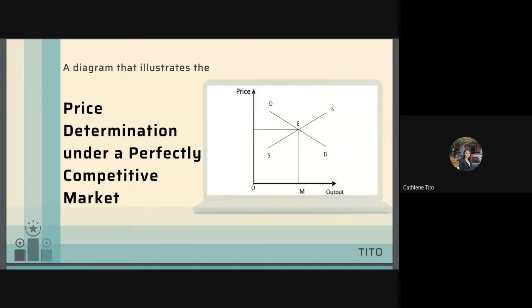It concludes, rather, that in a competitive market, the unit price for a particular good will vary until it settles at a point where the quantity demanded by consumers will equal the quantity supplied by producers, resulting in an economic equilibrium of price and output or quantity. As can be seen in the diagram, the supply represented by S and demand represented by D meet at the equilibrium represented by the intersection of the demand and supply curves, or E.